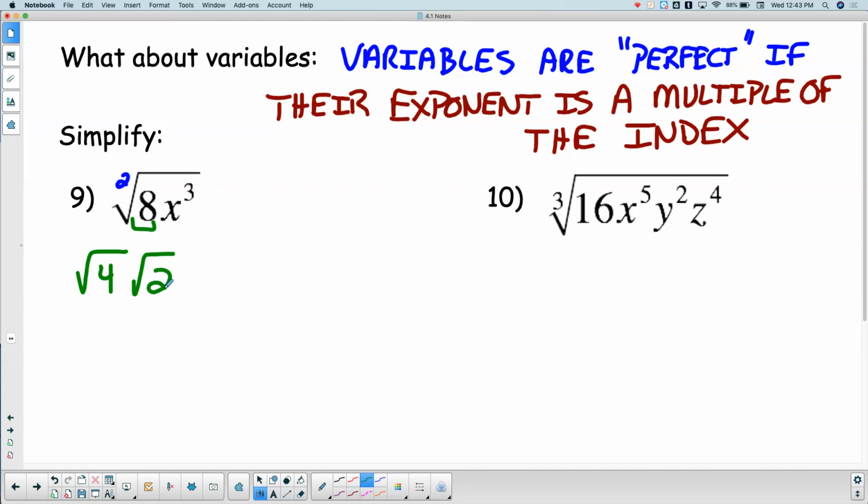Then I take the variable part, and I take each variable individually. So then this would become the square root of x squared and the square root of x, because I need 3 of them.